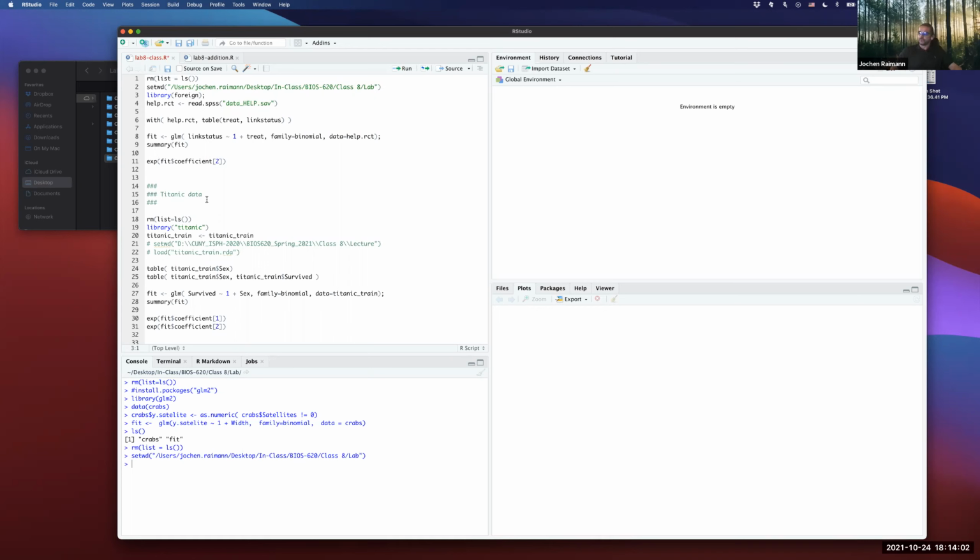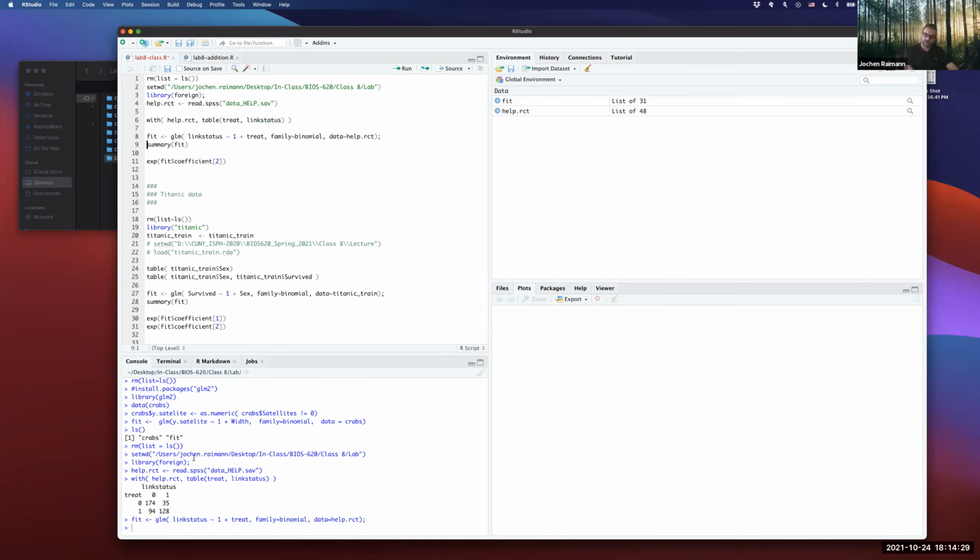The foreign library, as we know, allows us to read SPSS files. We can now, with the table function, do exactly what Professor Sang did in the lecture file. Essentially, with the help.rct file, we can create a table. We are running here the very same fit file.